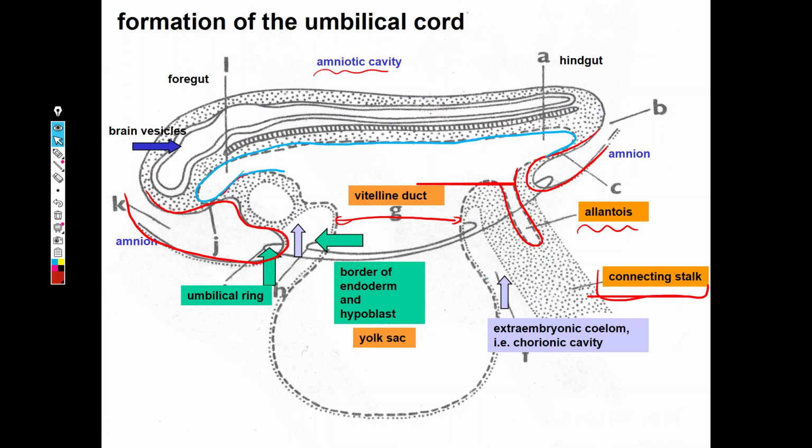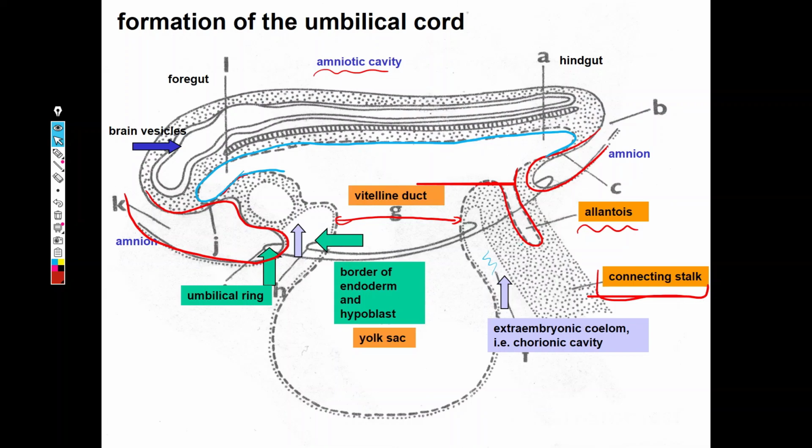And among these two structures, there are still remnants of space. There is still space between these two structures, and this space is connected to the chorionic cavity. So there is still some connection with the chorionic cavity. Sometimes this space between the yolk sac and the duct and connecting stalk is called the umbilical cord coelom.